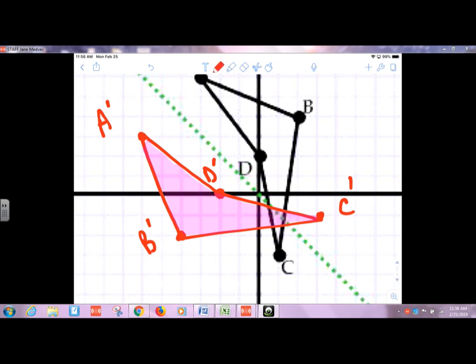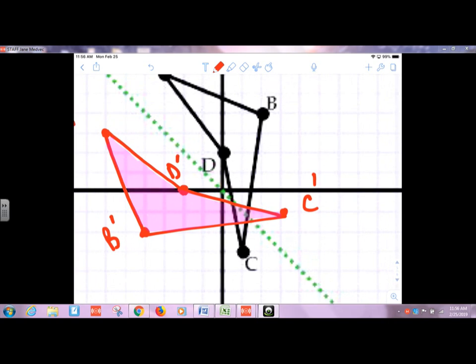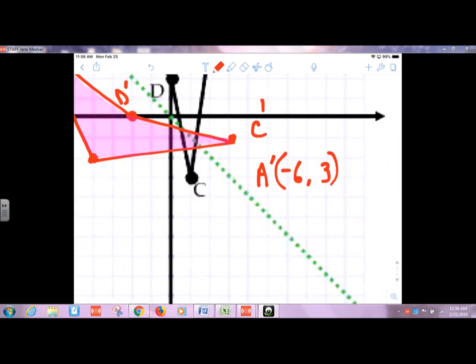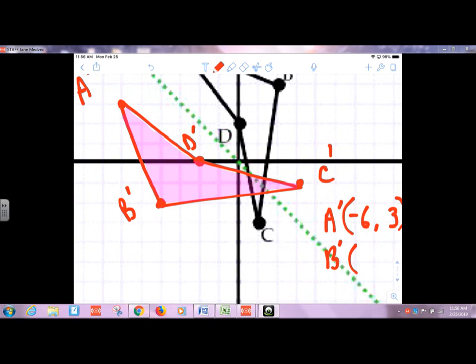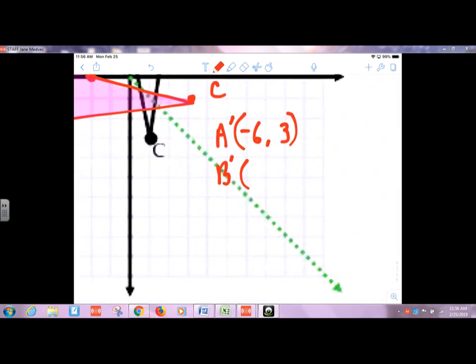And then finally what we're going to do is our ordered pairs. So my A prime is, let's see here, 1, 2, 3, 4, 5, 6, negative 6, comma, 3. Okay, B prime is negative 1, 2, 3, 4, negative 2, so negative 4, comma, negative 2.